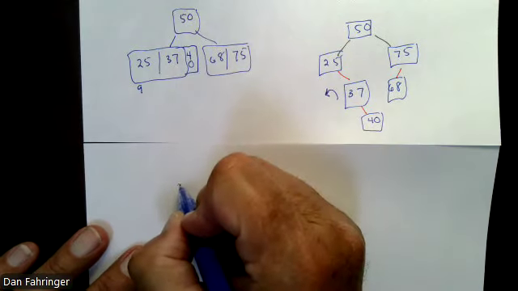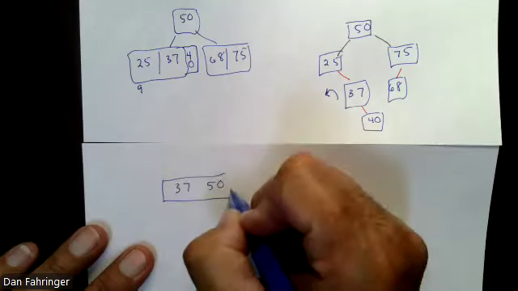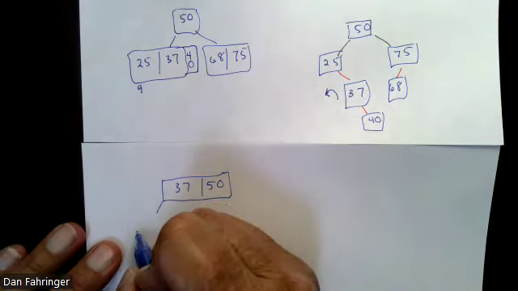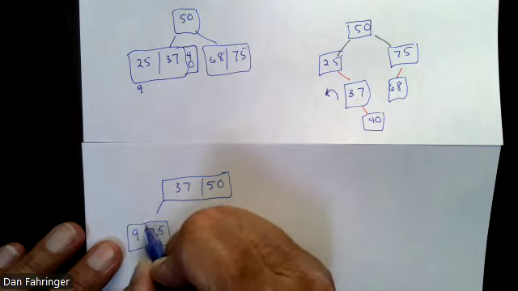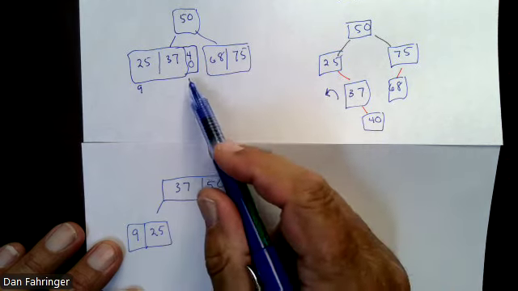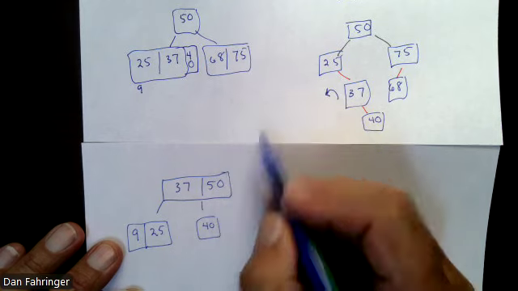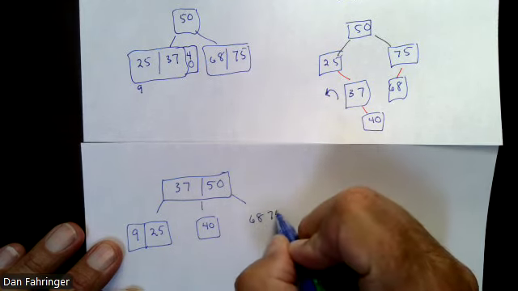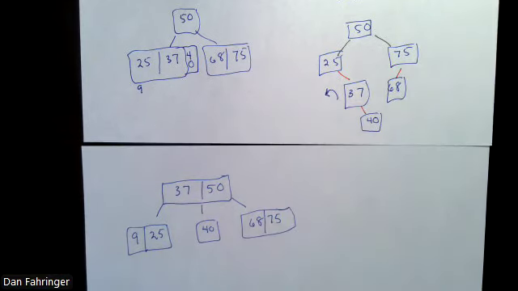So now I should have 37 and 50. This link should be 9 and 25. This link should be the 40. And to the right should go to 68 and 75. Cha-ching.